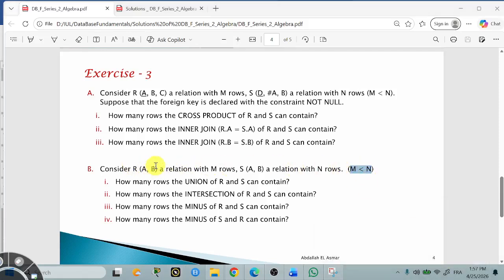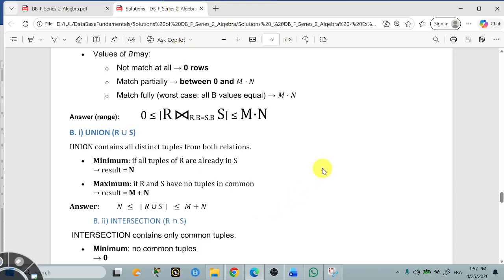So this could be a subset of this. In this case, it means that R union S is equal to S, because R is already a subset of S. So the minimum is n.